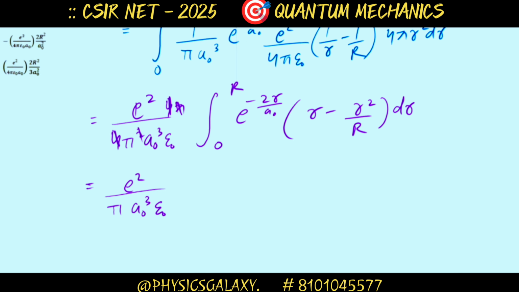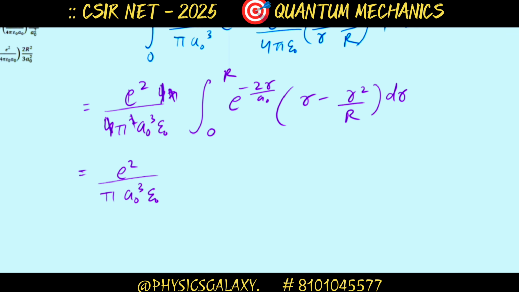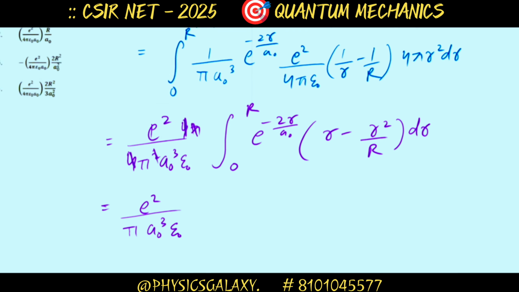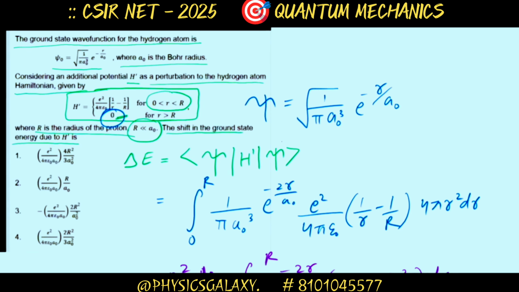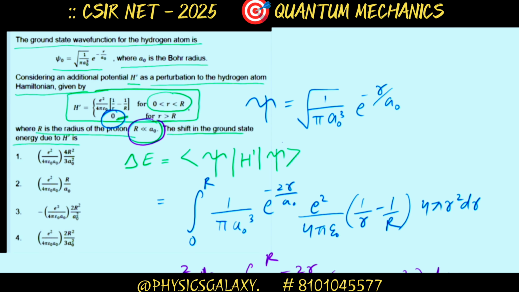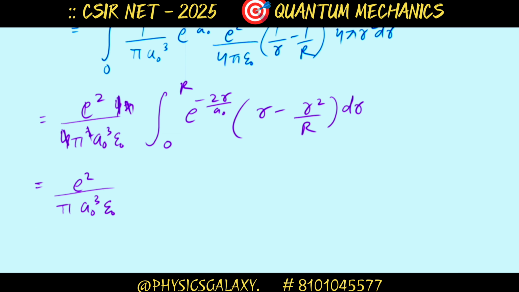Now we just need to simplify this integral, but we can use the condition that is given already, that capital R is very much less than a naught. So then this factor will be almost equal to 1.